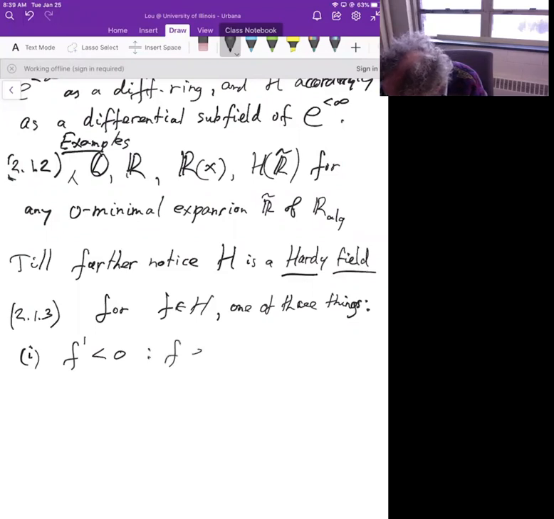Again, we tacitly replace f now by a representative, and that representative will be eventually strictly decreasing.